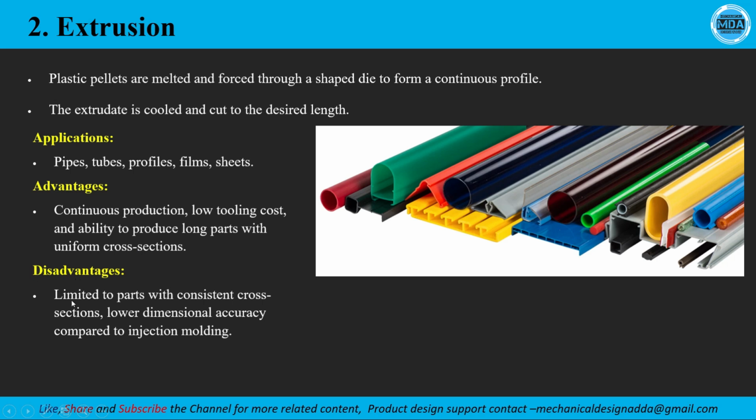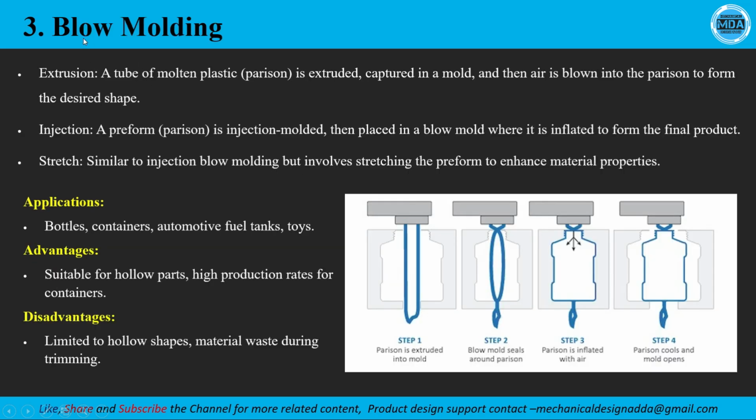The disadvantage is that it is limited to parts with a consistent cross section. Suppose we have a complex geometry, then we can't use extrusion, so for that we may go for injection molding, and here there is lower dimensional accuracy compared to injection molding.